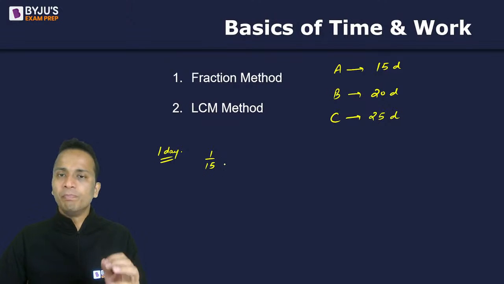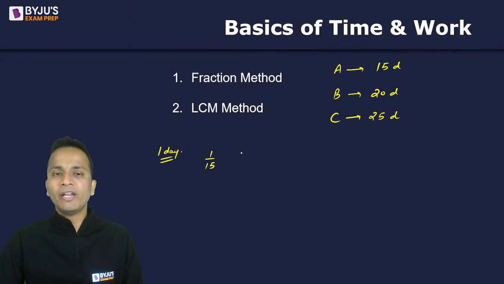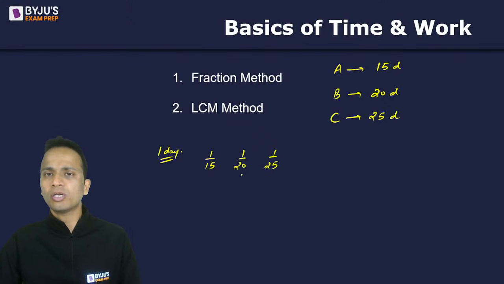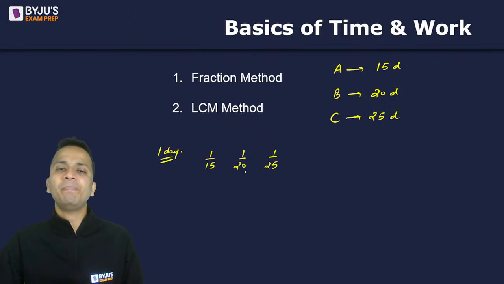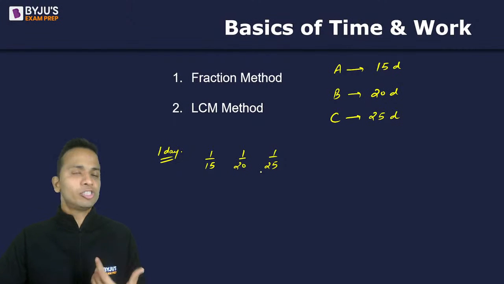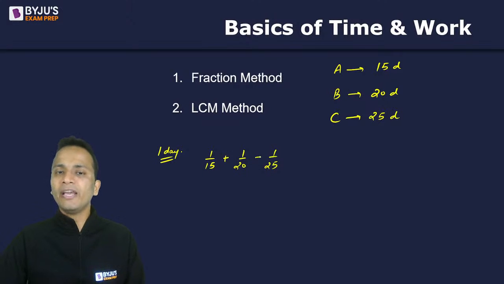Similarly, if I talk about B's 1 day work, so B's 1 day work will be 1 upon 20, and 1 day work of C will be 1 by 25. So this is the fraction of total work that will be finished by A, B, and C respectively in 1 day each. Now, since they all are working together, I can say that the net 1 day work will be the sum of 1 day work of each of A, B, and C, right?